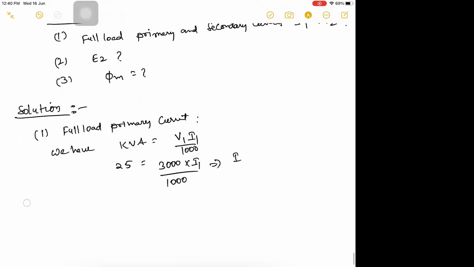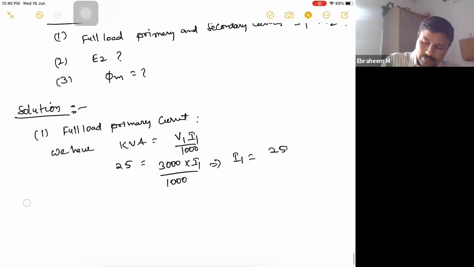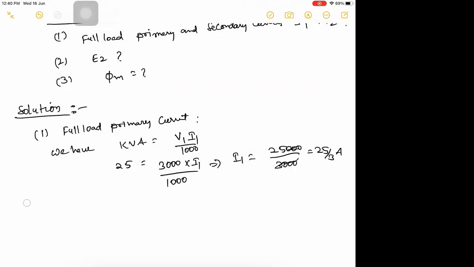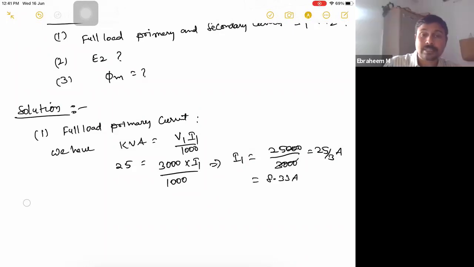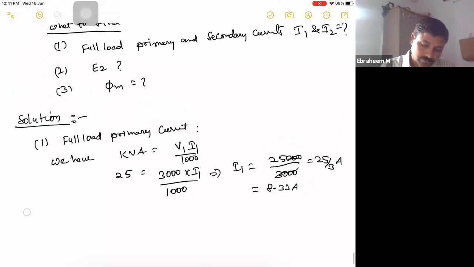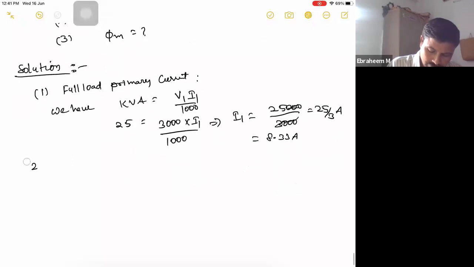That implies I1 is equal to 25,000 divided by 3000. So 25 by 3 amperes. How much is it? 8.33 amperes. Right?